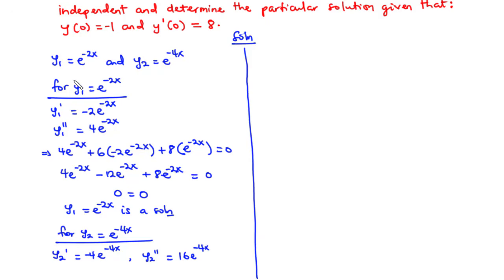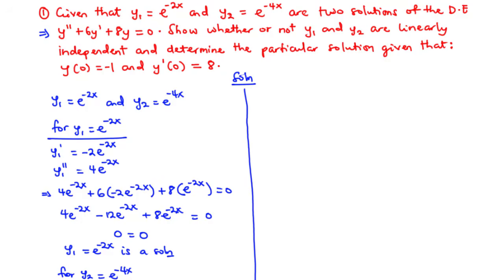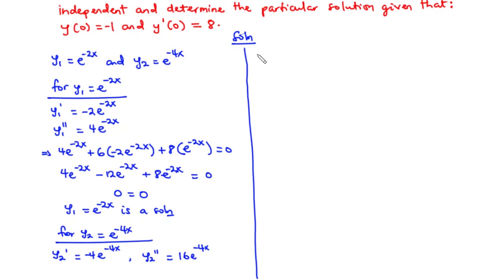From the differential equation given, we have y prime prime, which is 16 e to the power negative 4x, plus 6y prime, which is negative 4 e to the power negative 4x, plus 8y, which is e to the power negative 4x, equals 0.